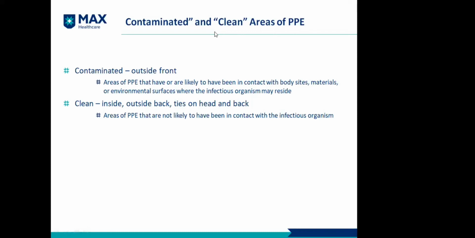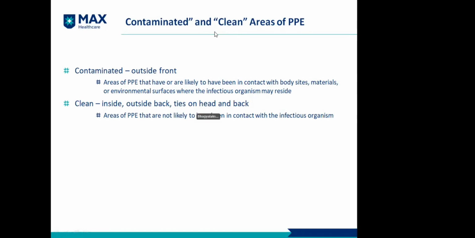The other important point is the clean area. It should be the inside, the back, the back folds and ties. These are areas of PPE that are not likely to be contaminated with the infectious organism. So in the clean area, for things we wear, like gloves, the inside is clean but the outside is contaminated.